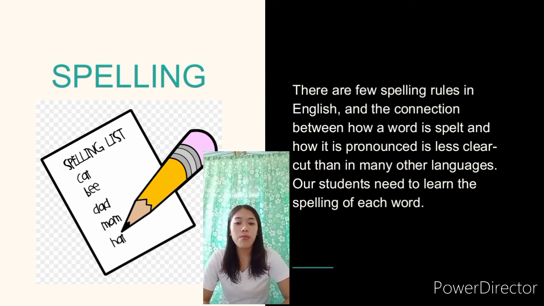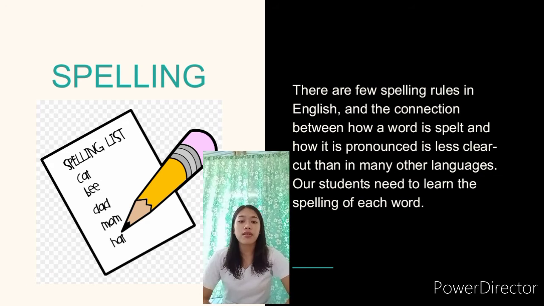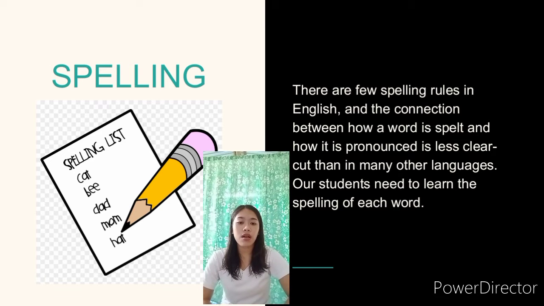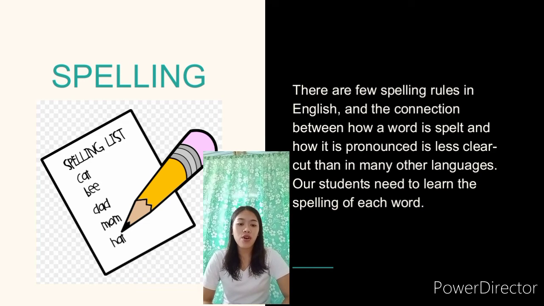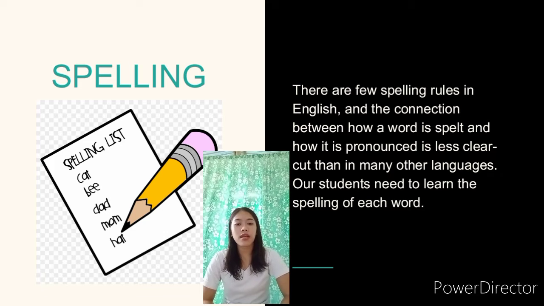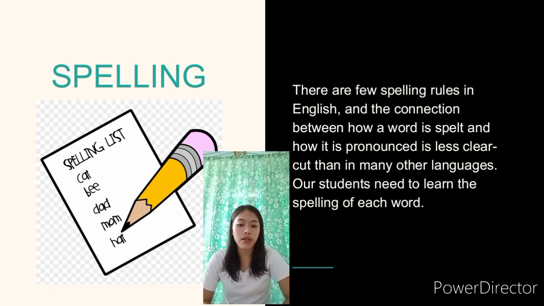There are some rules in spelling that we usually follow. Some of these are: a, e, o, u usually say their name at the end or sometimes at the beginning of a syllable.